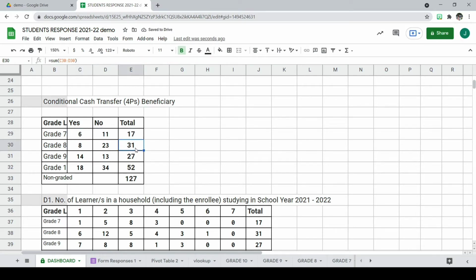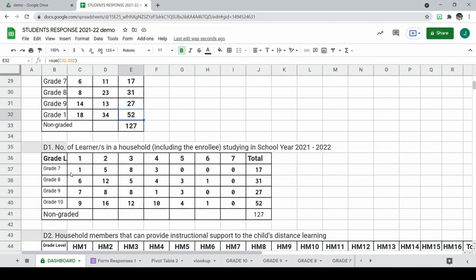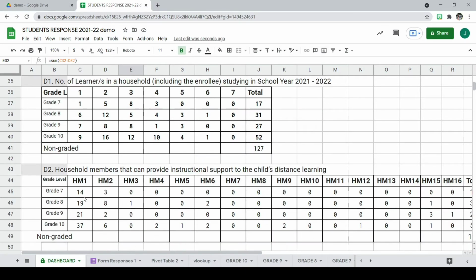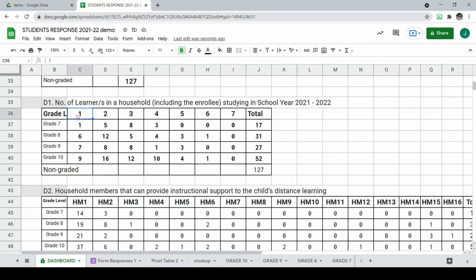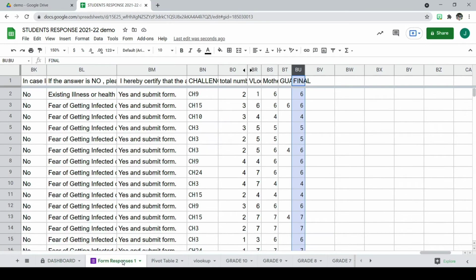Okay, dayon total. So next let's go to D1, number of learners in household including the enrollee studying this school year. So ang gibuhat nato it's pila ka buok. Survey na to 1 2 3 4 5 6 7 kutob. So ang akong gibuhat dito sa form responses, total number of household enrollees, ako ra siyang gi-add.